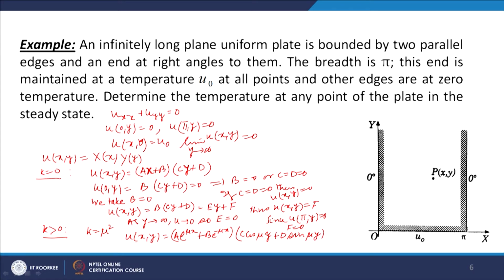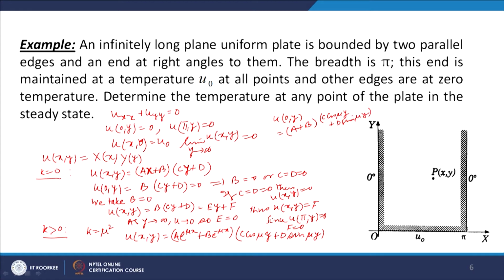Now, again let us put x equal to 0. When we put x equal to 0, we get u(0,y) = (a + b)(c cos μy + d sin μy).